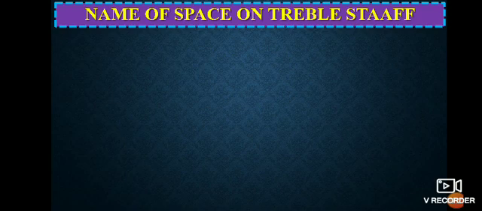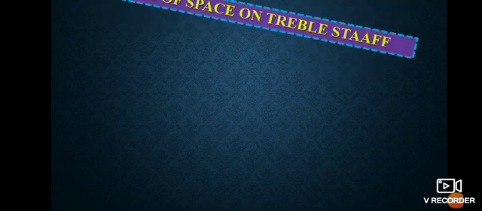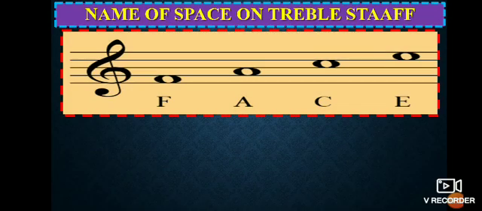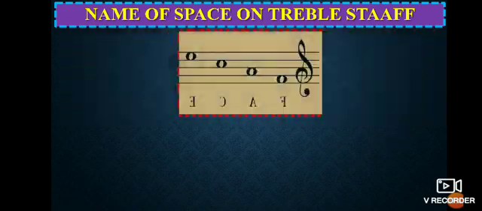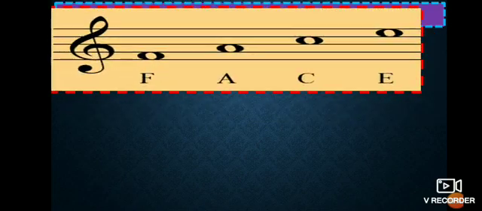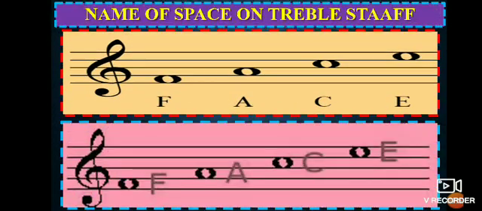Let's now go to the space. Name of space on treble staff. You see, the name of the first space is F, followed by A. The third space is C, while the last space is E. The acronym for this one is very simple, just FACE.